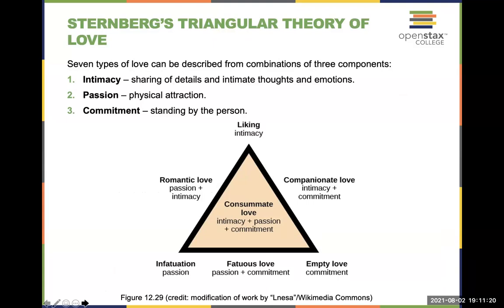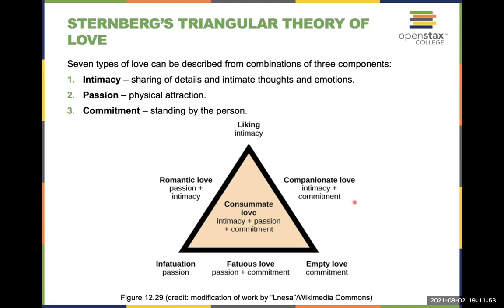And I want you guys to know this for the exam as well. A couple things I want to point out. Actually, I'm going to turn on my laser pointer. You see this term here: companionate love. If you read it really fast, it might look like compassionate love, so make sure you're not confusing this word with the word compassionate if you see it on the exam, right?